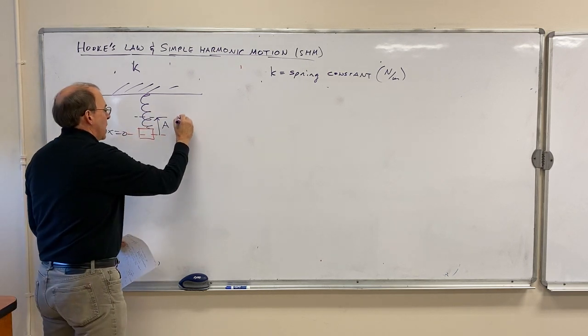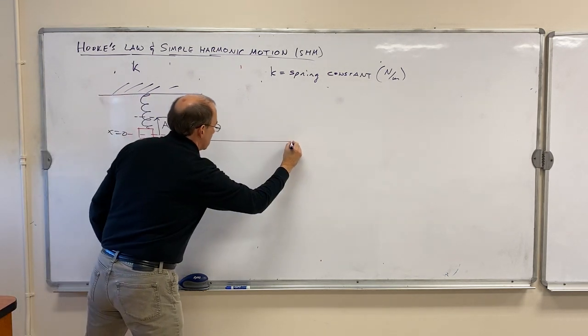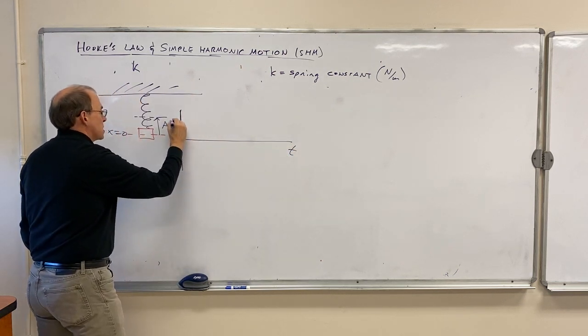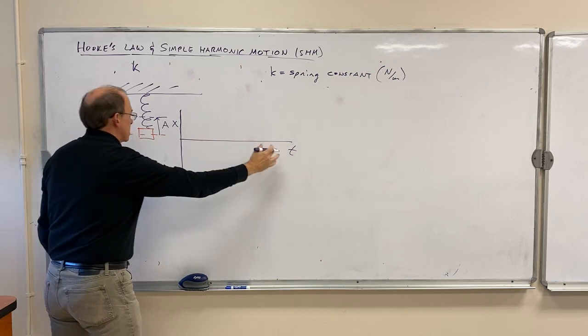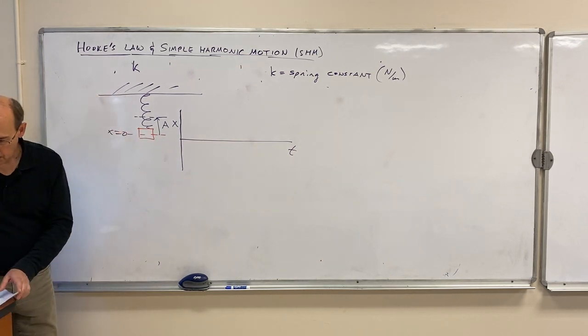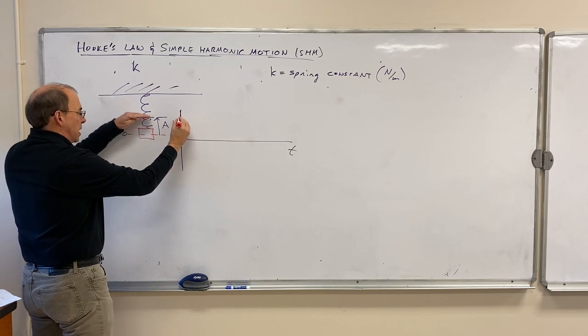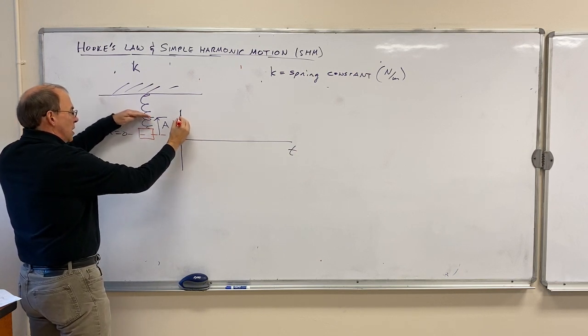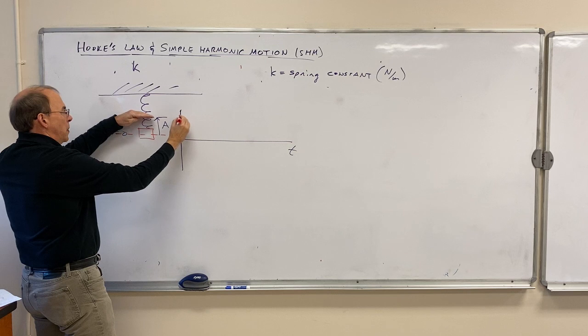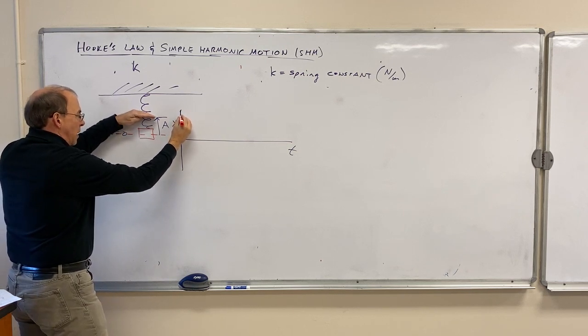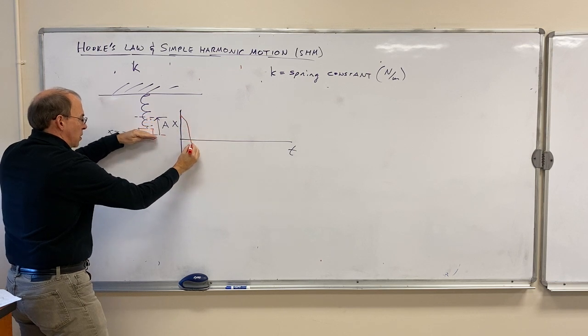Now let's further imagine I make a graph of this motion as a function of time. So this is x, this is time, and as this mass oscillates up and down, I graph where the mass is, starting with pushing it up at time t equals 0 and releasing it.